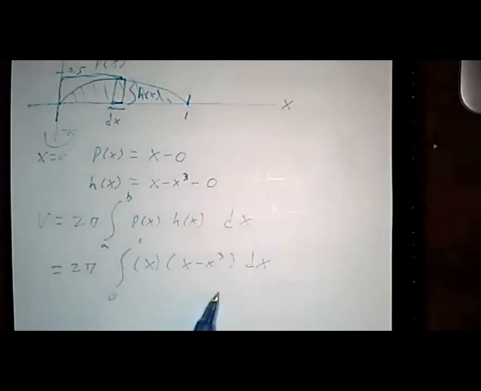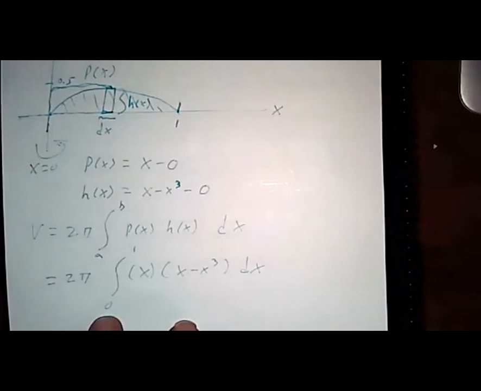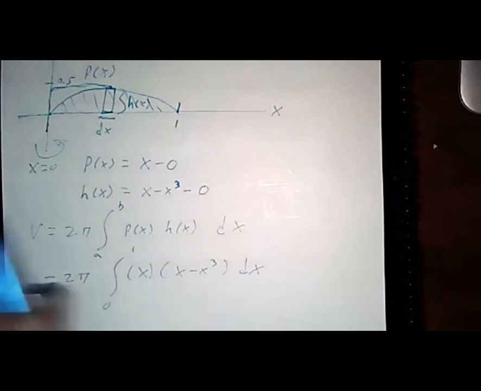At this point, you would just integrate and you'd be done, and I'm assuming you are able to integrate this. But I need you to grasp where rho is coming from and where h is coming from. Are there any questions about this setup? Do you see where the integral bounds came from? 0 to 1, because it's dx from 0 to 1.